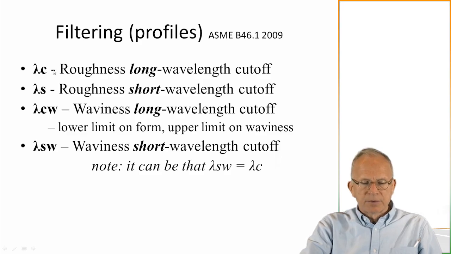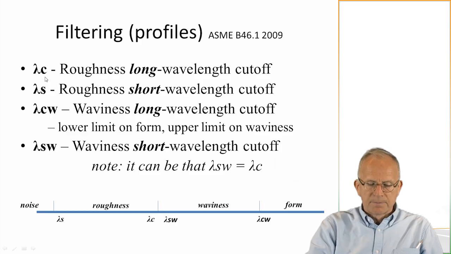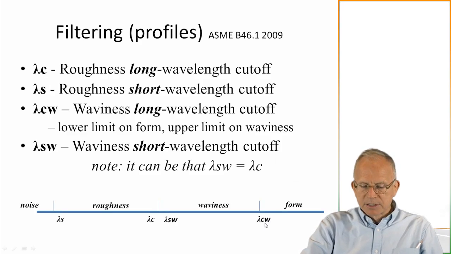So here are the different filtering cutoffs that could be for profiles. Lambda C is the long wavelength cutoff for roughness.